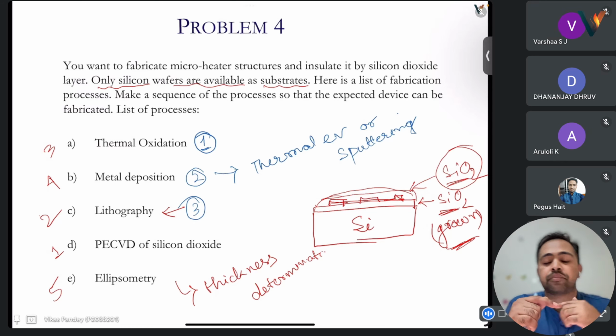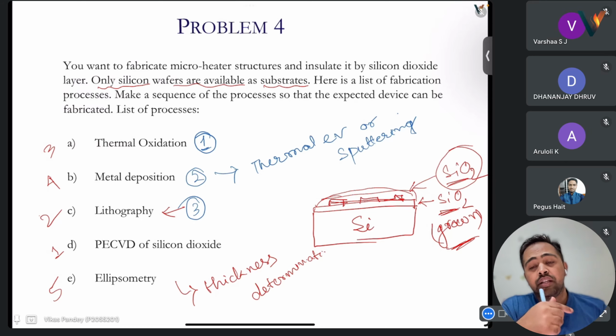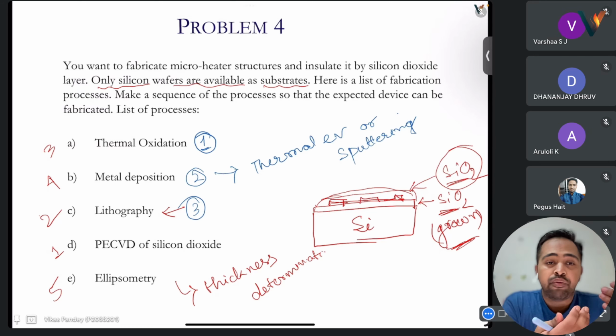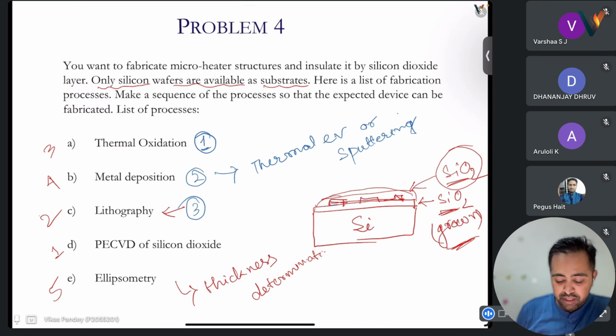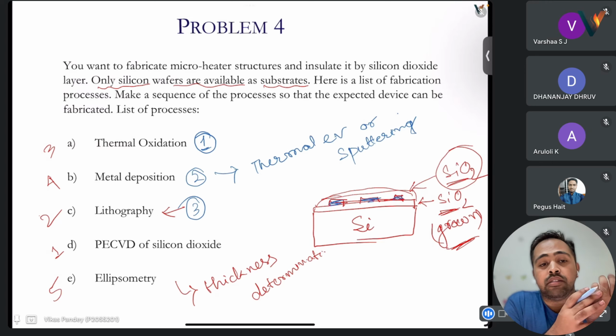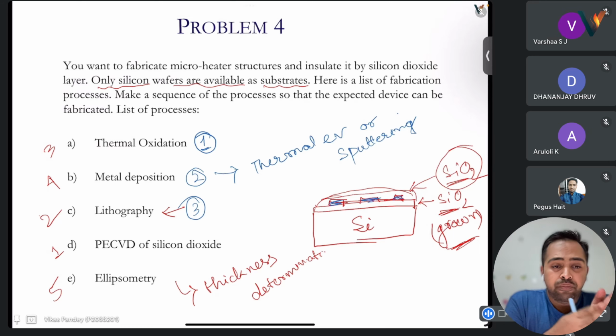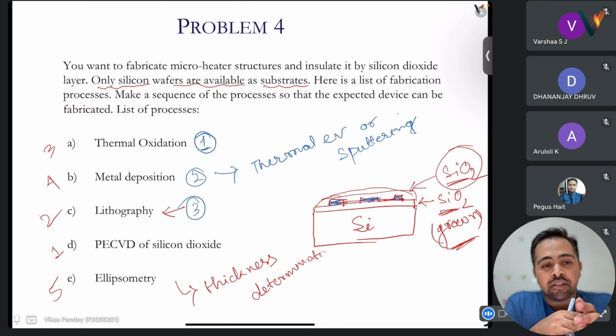Oxidation means it will grow from silicon itself. That is why it is done at first. Later, when we have to put something over it, since we don't have bare silicon now, we have the metal contacts and all, and if we try thermal oxidation at this stage, these metals will melt, and we will not have the desired patterns. That is why now we go for colder processes, that is PECVD of silicon dioxide.